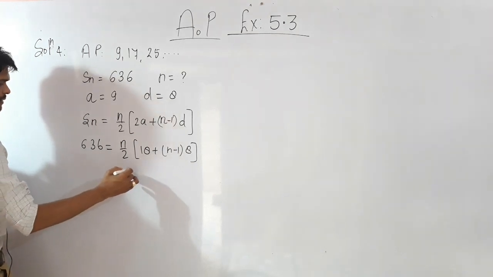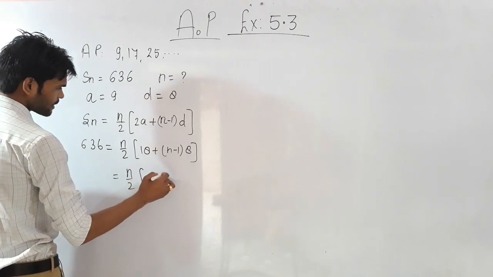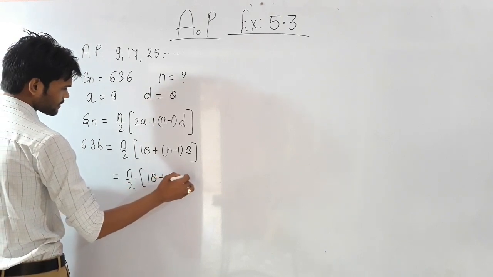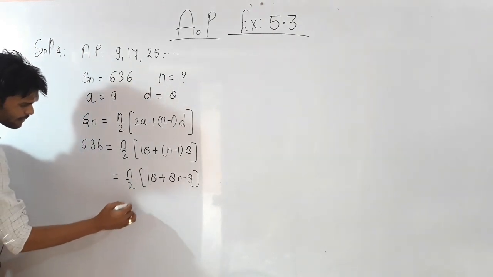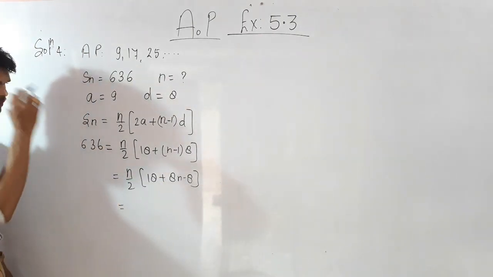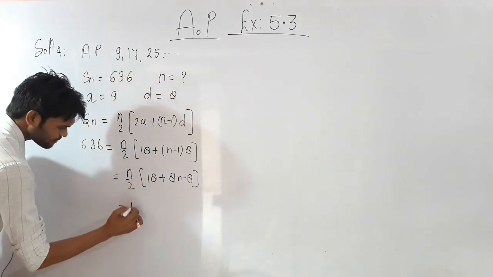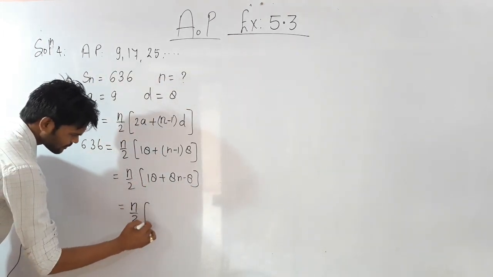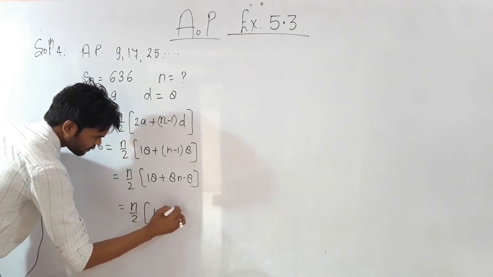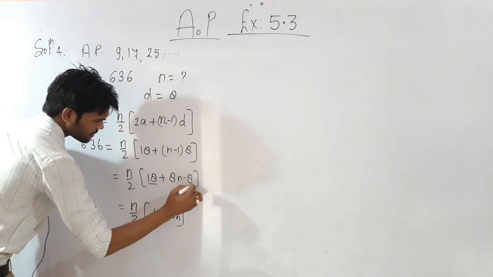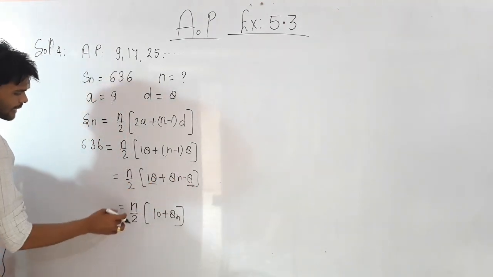Solving it, you can find here n by 2 into 18 plus 8n minus 8. Now, one step more, n by 2 into 10 plus 8n. Minus 8 and plus 18 will become 10.